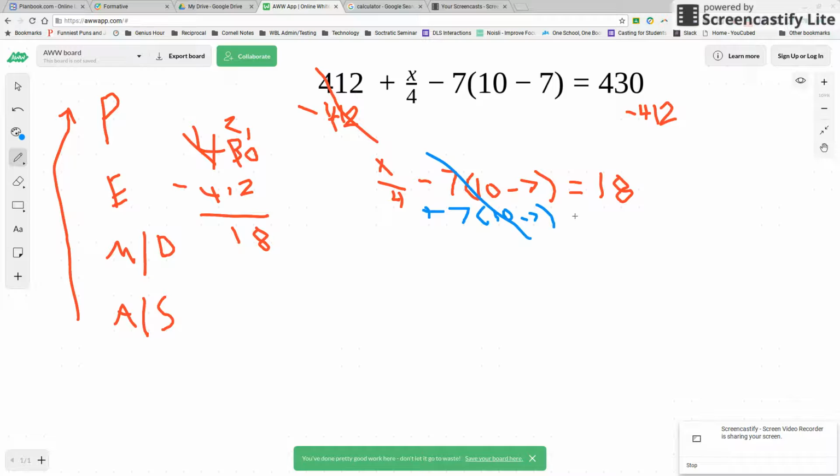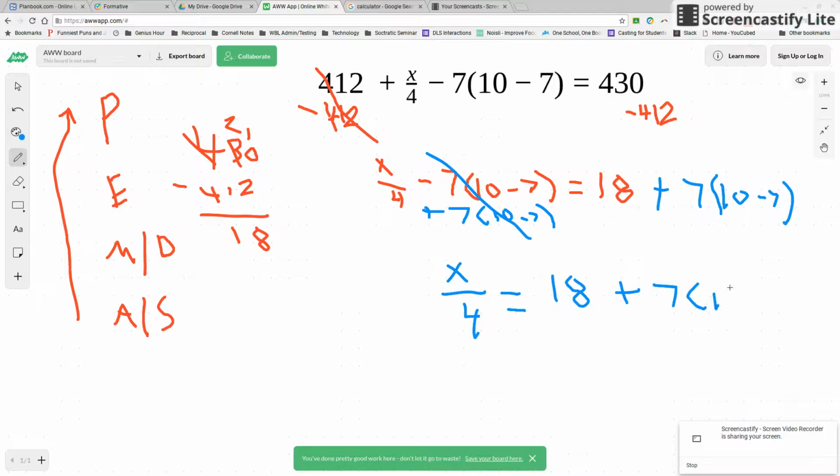We do it on one side, we have to do it on the other side, getting us this brand new equation of x divided by 4 equals 18, oh, I'm sorry, we're adding it. I misspoke. 18 plus, because we do the opposite, 7 times 10 minus 7.